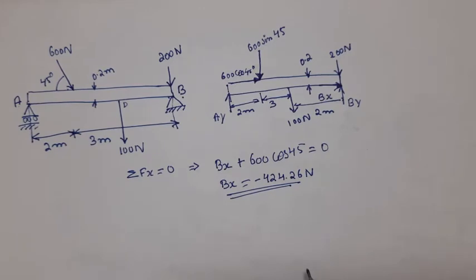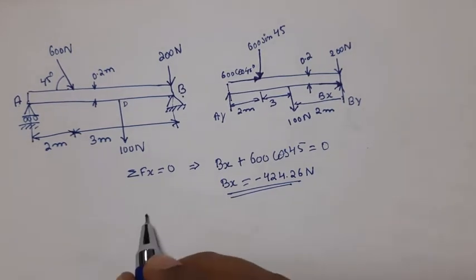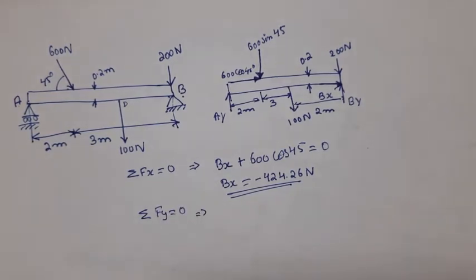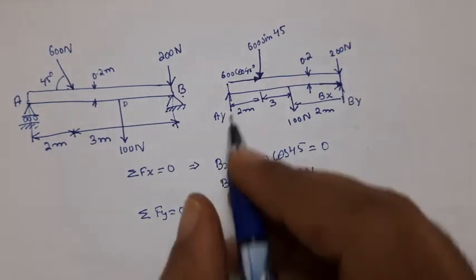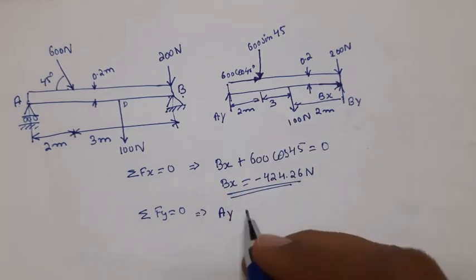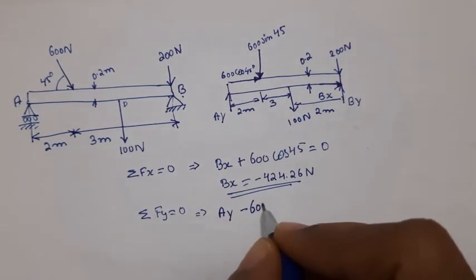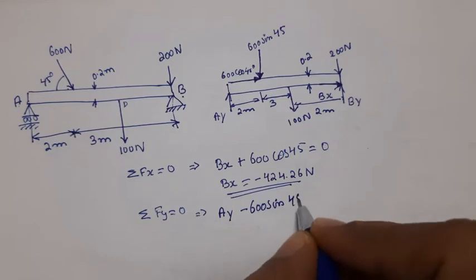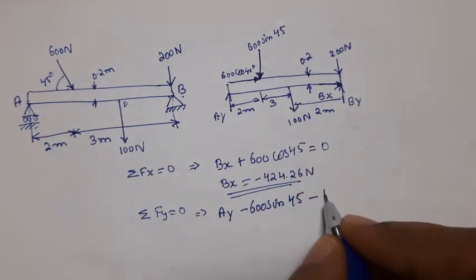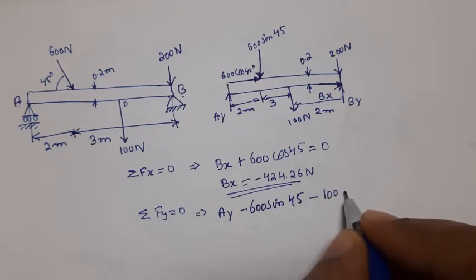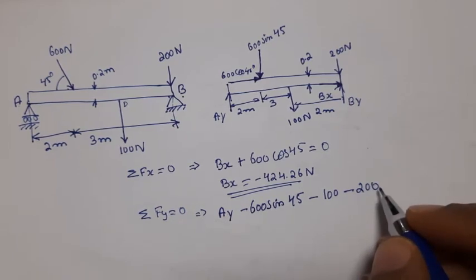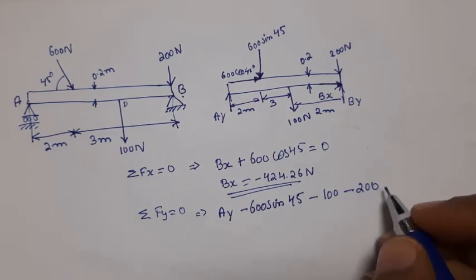Now the next equilibrium condition is sigma Fy equal to 0. All the forces acting in the y direction: one is acting upwards, meaning positive Ay, then minus 600 sine 45, and there is another one here downwards, again minus 100 and minus 200. These are all the forces that are acting.